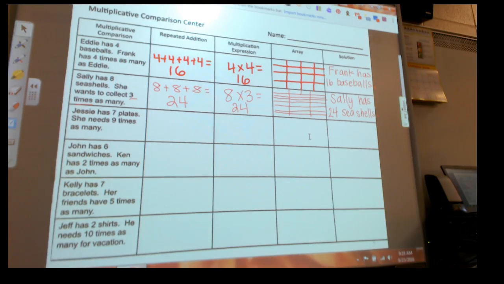and go. Alright, I'm coming over here. Alright, if we are looking at the next one, it says what? What does the next one say? She has 7 plates and she needs 9 times as many. So I'm going to make a group of 7.